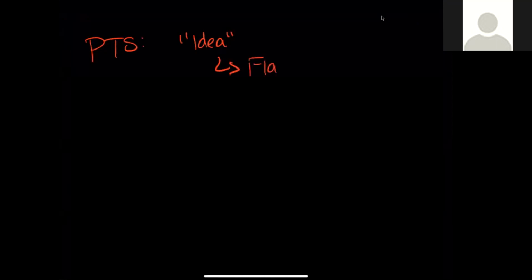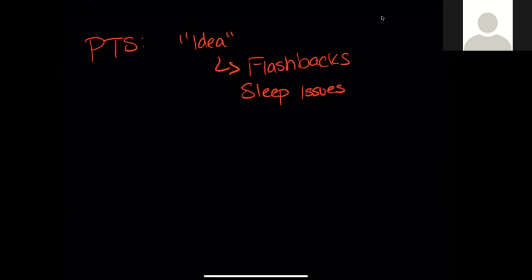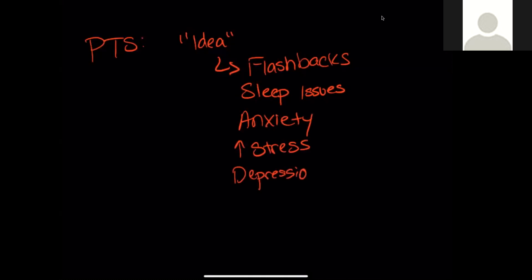We know that there are some semblance of flashbacks. There might be sleep issues. We might experience anxiety, higher than normal stress potentially. We might have depression. We could potentially see illegal drug use.